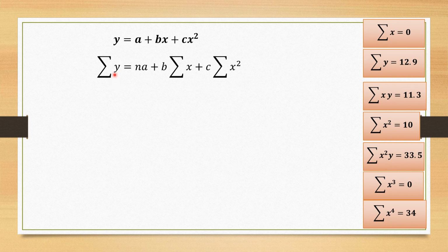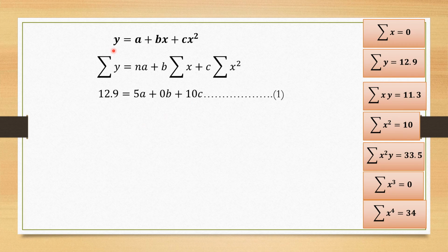Substituting the values: summation y is 12.9, n is 5, summation x is 0, summation x square is 10. So we have equation 1: 12.9 is equal to 5a plus 0b plus 10c.